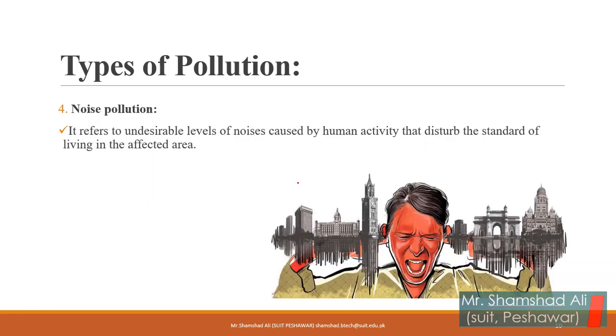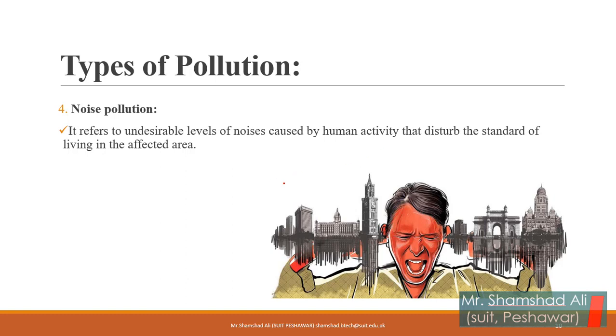The fourth type of pollution is noise pollution. Unwanted sound is called noise pollution. It refers to undesirable levels of noise caused by human activity that disturb the standard of living in the affected area.